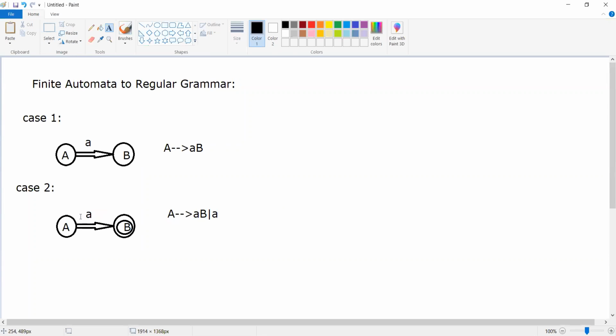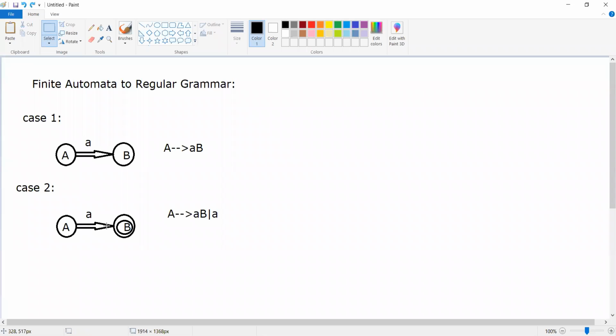Please try to understand, the second scenario is a very important scenario. Whenever you have a transition to a final state, you need to consider two things.